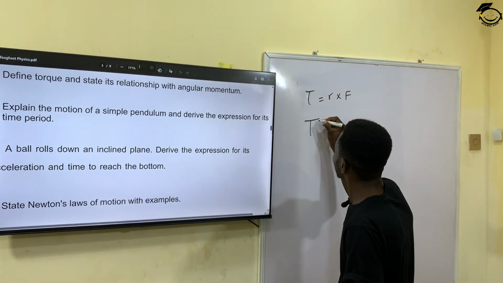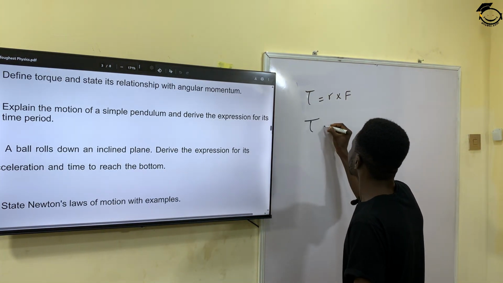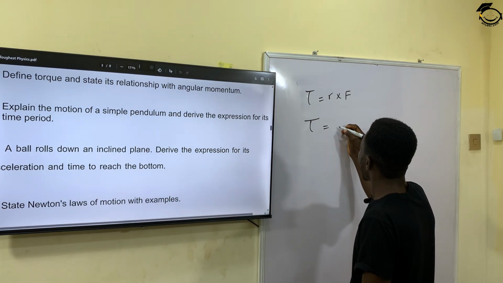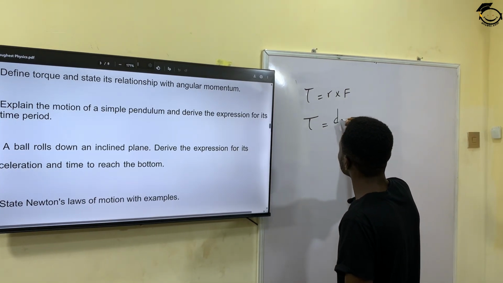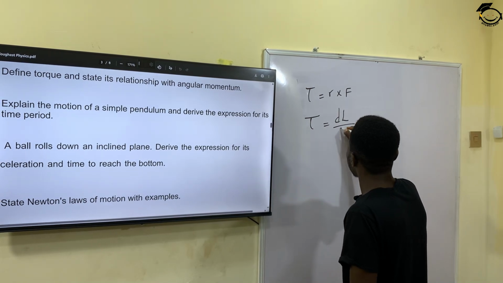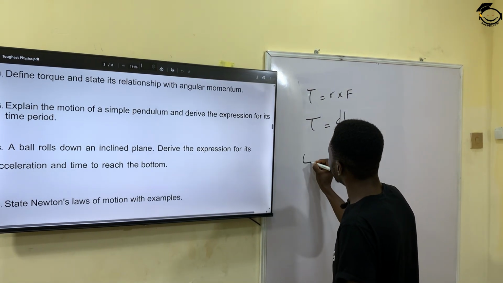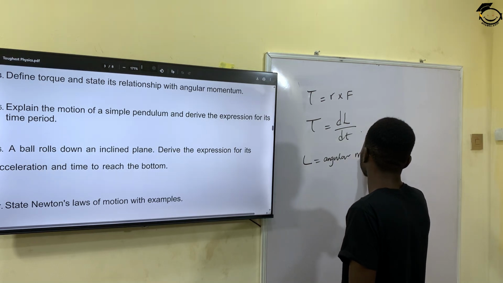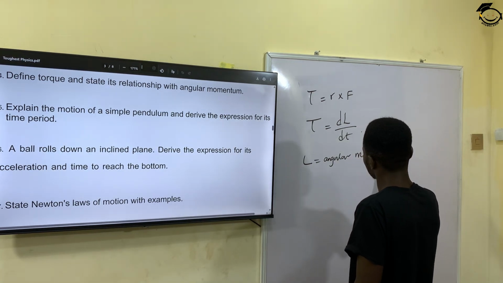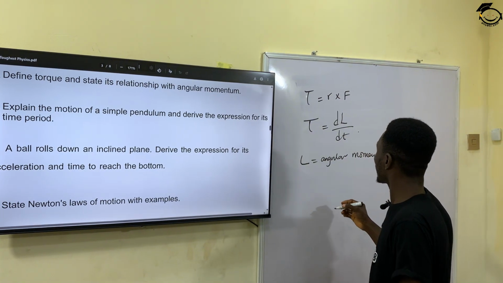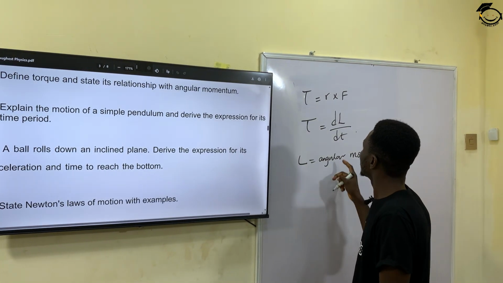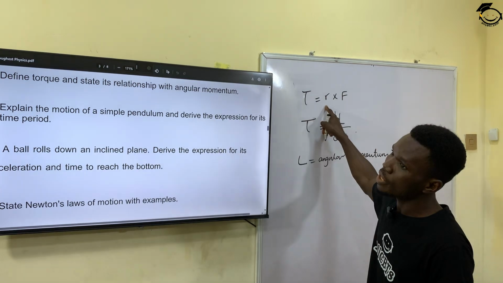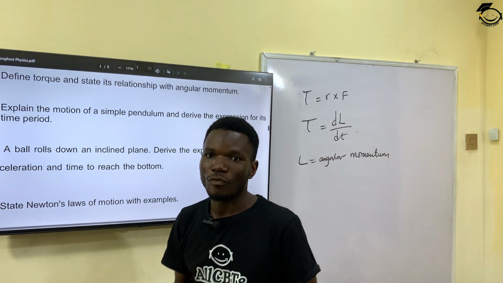So my torque is the rate of change of angular momentum, which is the same as saying dL over dt, where L is angular momentum. So the rate of change of angular momentum is called torque. So my T here is torque, R here is radius, and my F is force.